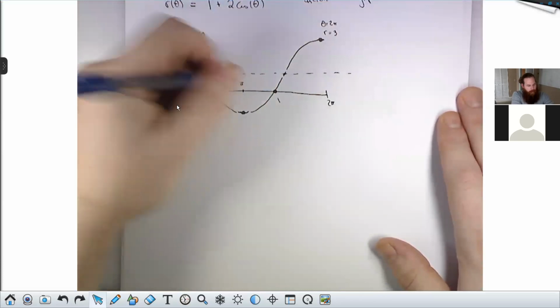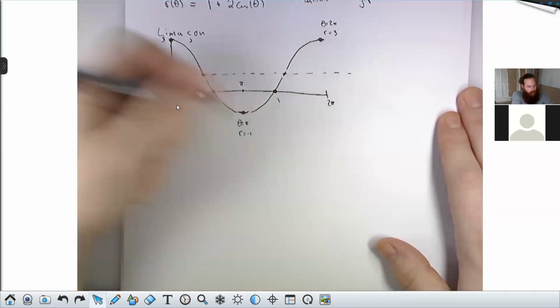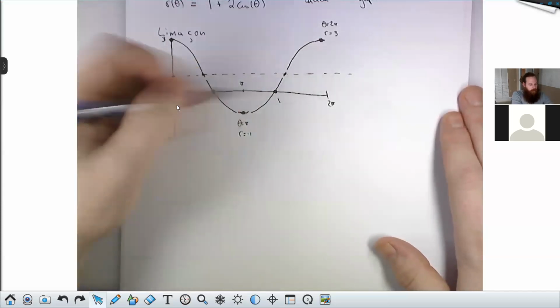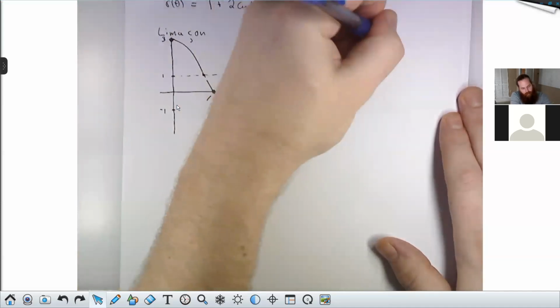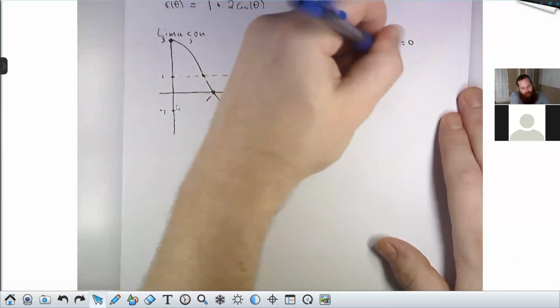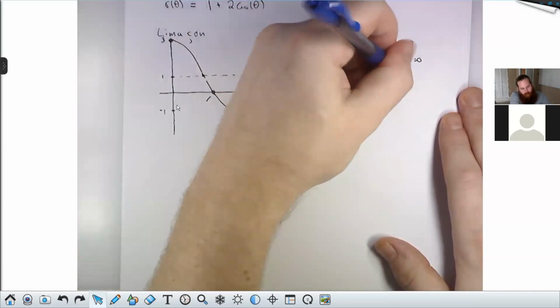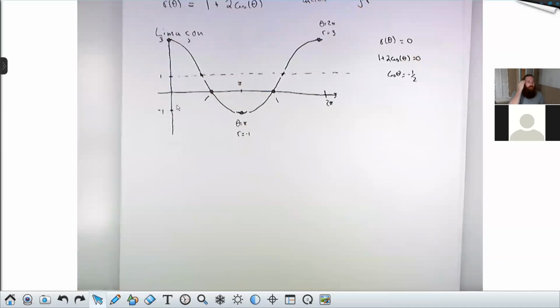Here, of course, theta is pi, so this is theta equals pi, and r is -1. And over here, theta is 0, and r is 3. But in order to find these horizontal intercepts, I'm going to need to solve the equation r of theta equals 0, which means 1 plus 2 cos theta equals 0, which means cos theta is -1/2. And there's two solutions to that.